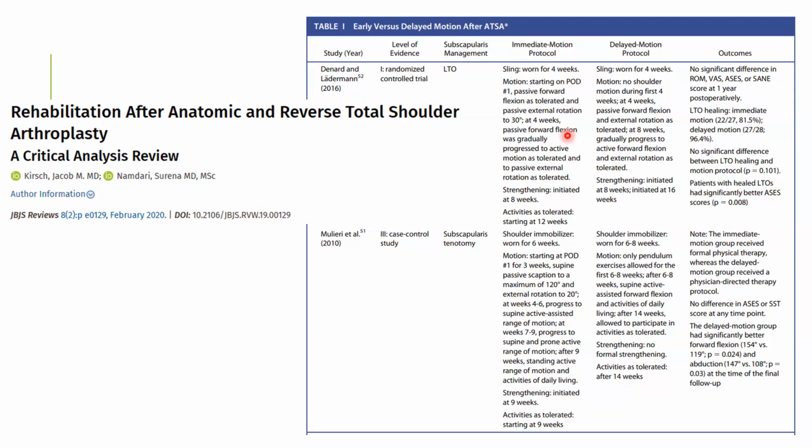The immobilization period was around 4 weeks in the 2016 paper, whereas in the 2010 paper it was about 6 weeks, and in the delayed protocol, the immobilization period was up to 8 weeks. Range of motion was initiated with passive range of motion and progressed to active range of motion only by the 2-month time.